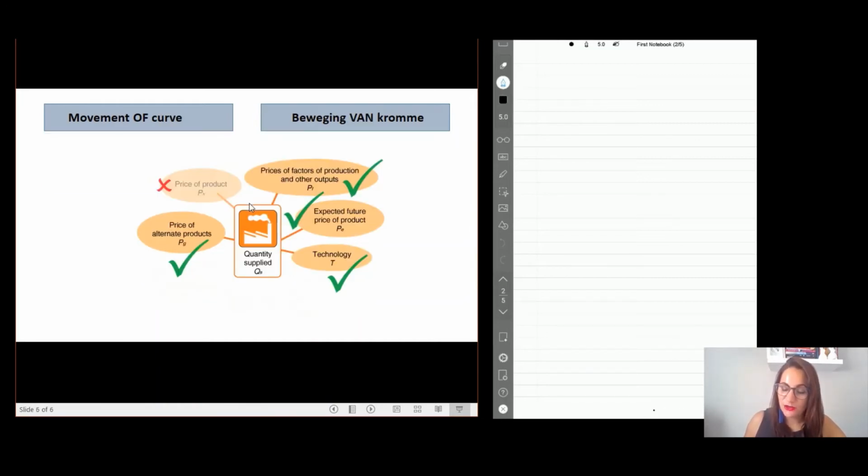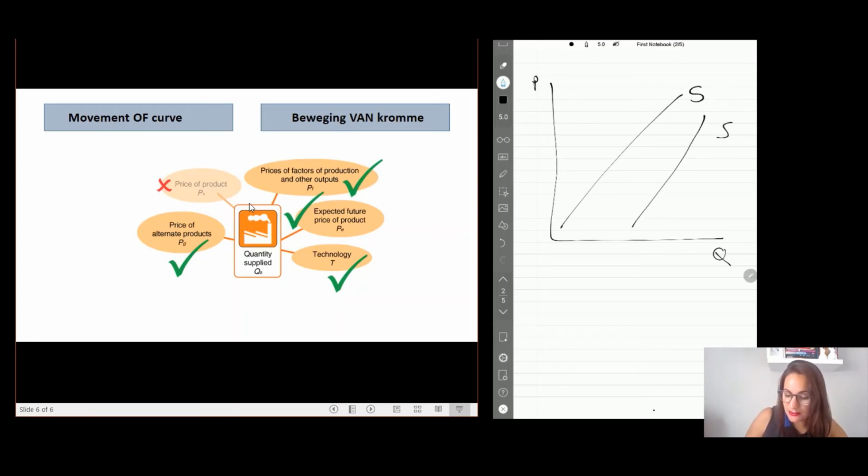When we look at the movement of the curve, it means that the supply curve shifts either to the right or to the left. So you have price and quantity, and then you have your supply curve. So if the supply curve moves to the right, it's an increase.